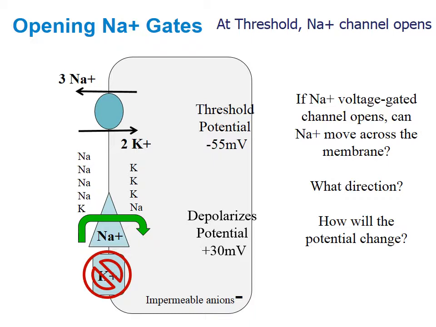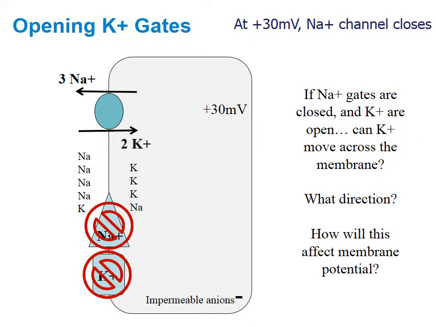At plus 30 millivolts, the sodium voltage-gated channels will close, stopping the big sodium flow. However, at plus 30 millivolts, the potassium voltage-gated channels open. Potassium now will flow out of the cell in large amounts.